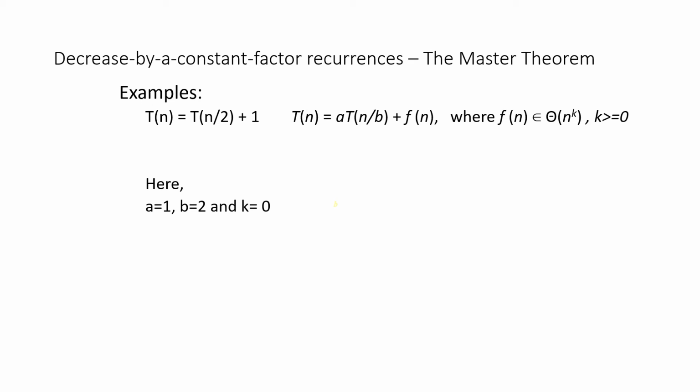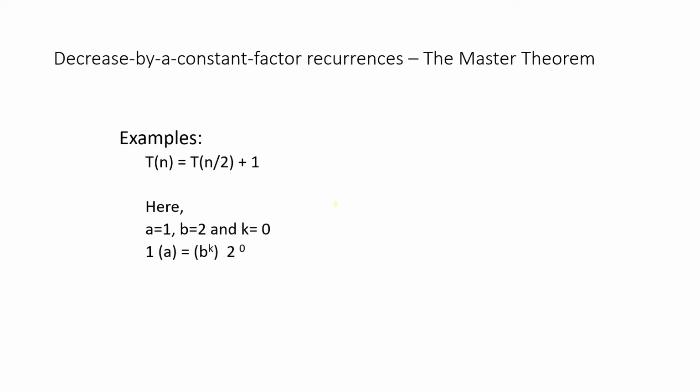Whatever is there in the power, that is the superscript of n, has to be taken as the value of k. Hence we have taken k equal to 0.